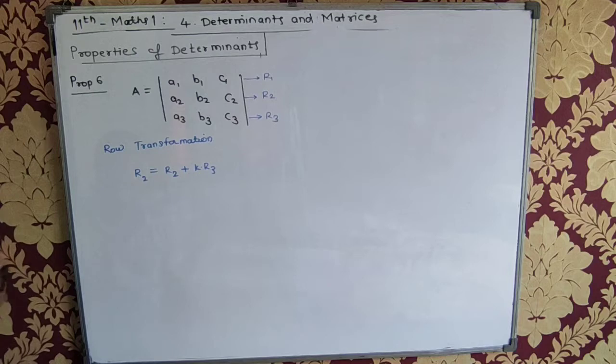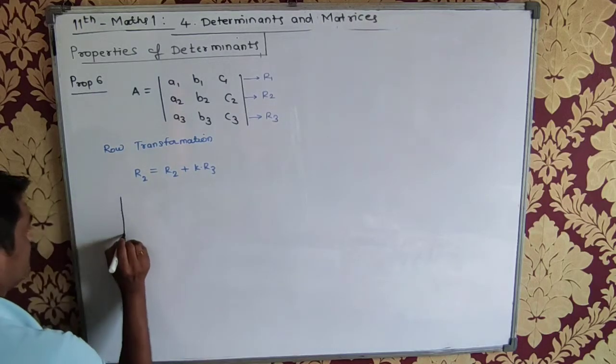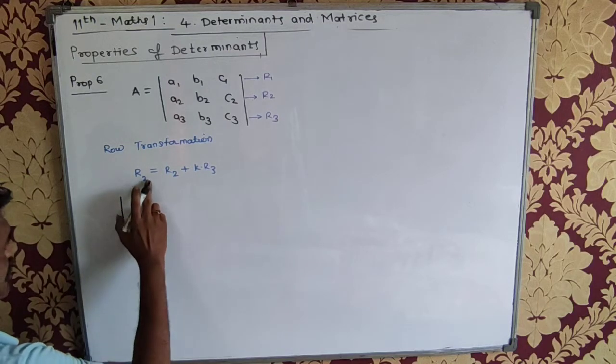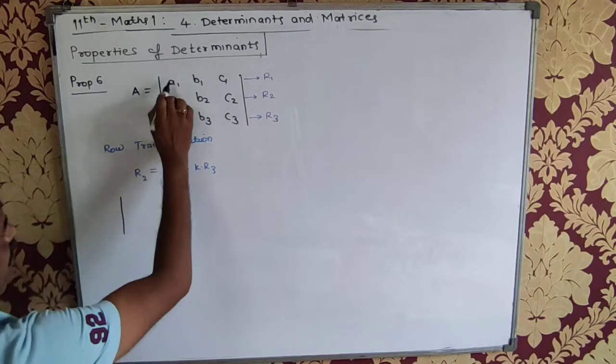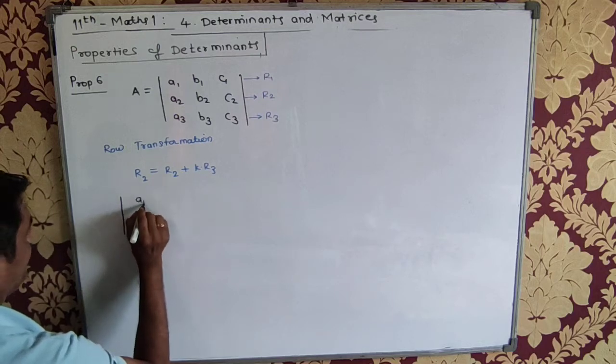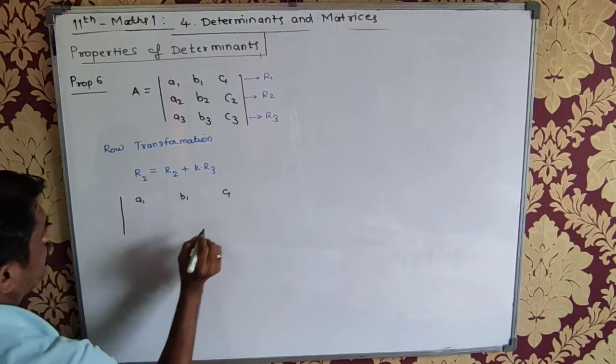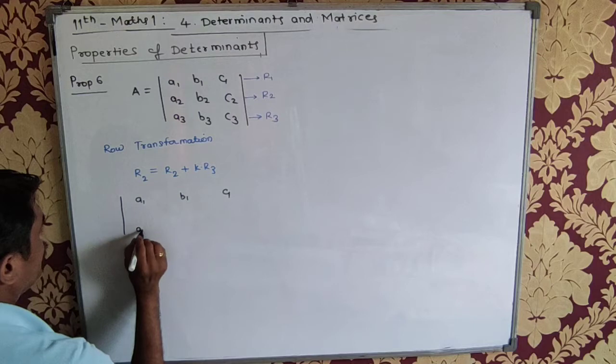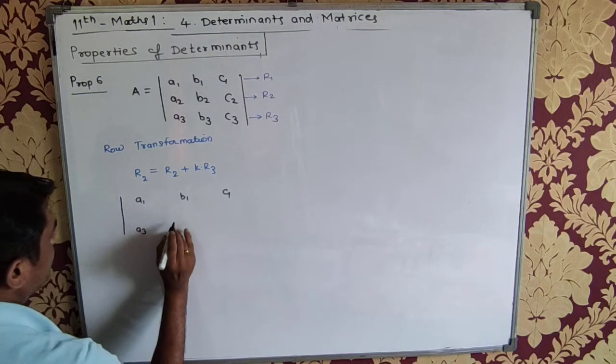If I do this row transformation, what will the new determinant look like? This will change R2. In the process R1 and R3 will remain intact: A1, B1, C1, and R3 will also be the same, A3, B3, and C3.